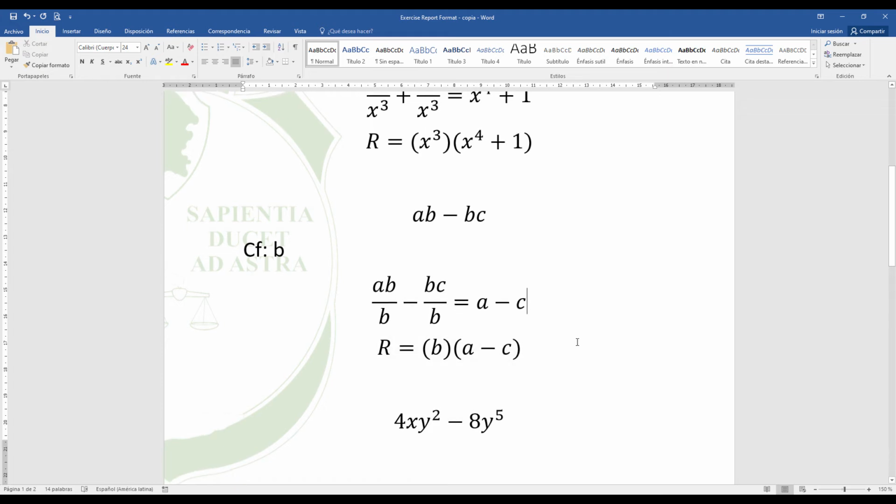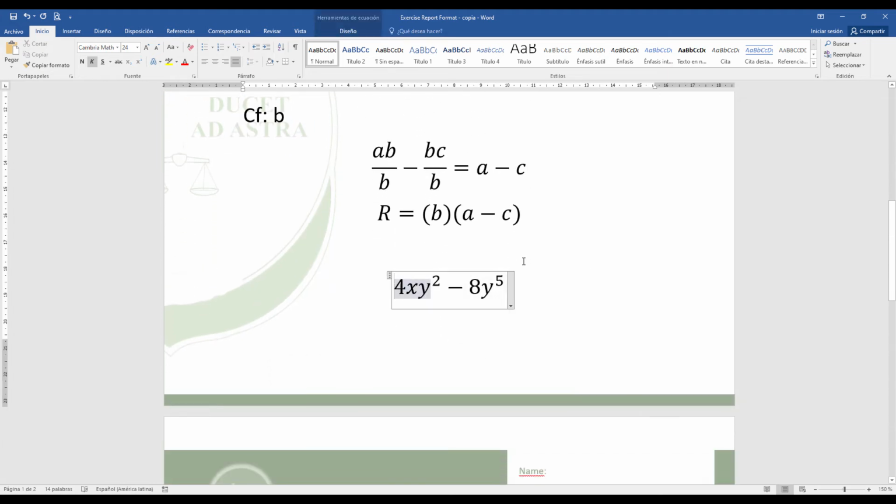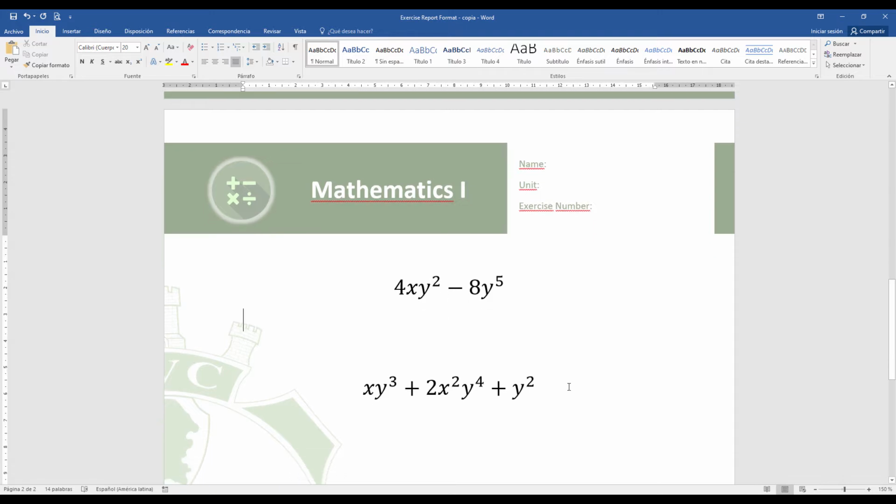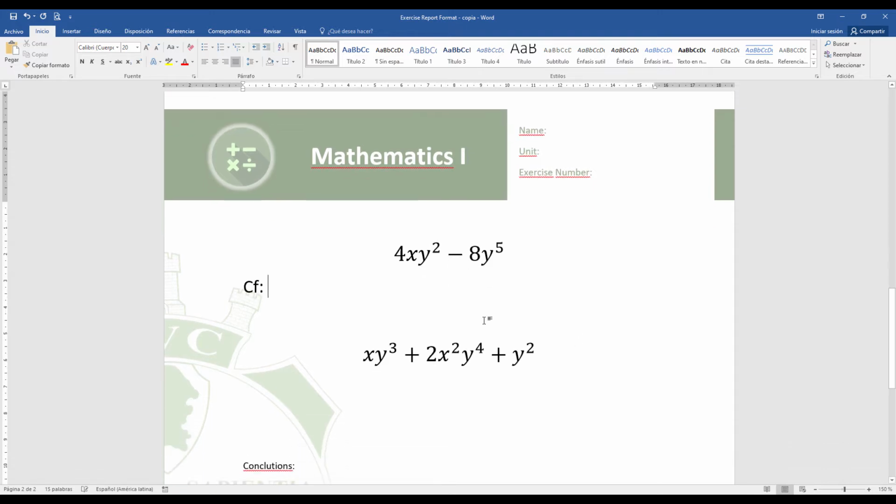Okay, now the next one. So again, you need to look for a common factor here. You have the y variable, because y exists in both terms, and the lowest exponent is 2.